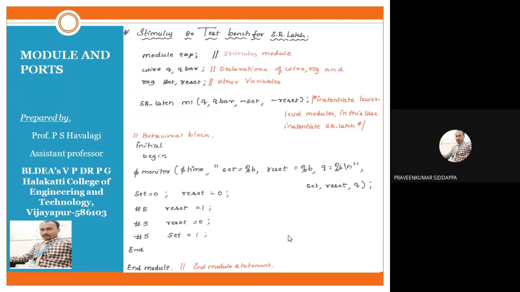Whenever we are designing an SR latch, for that purpose we require two inputs and two outputs. Whenever we are writing the stimulus, or otherwise calling it a test bench, we write module top, or you can write module stimulus also, no problem.